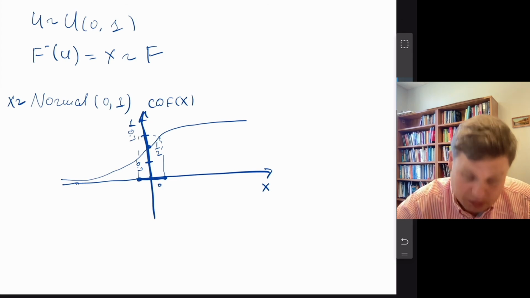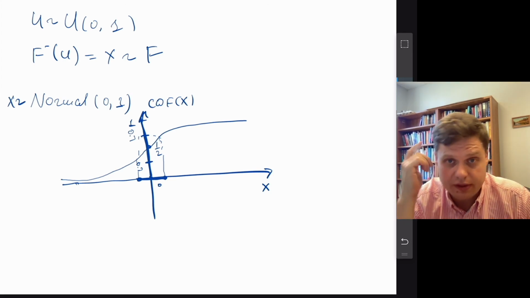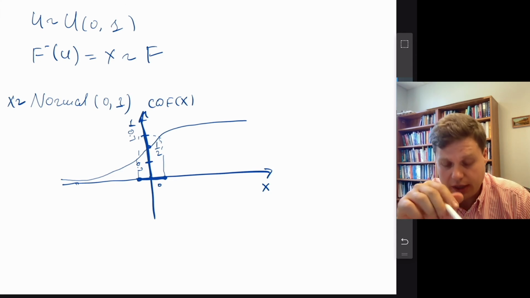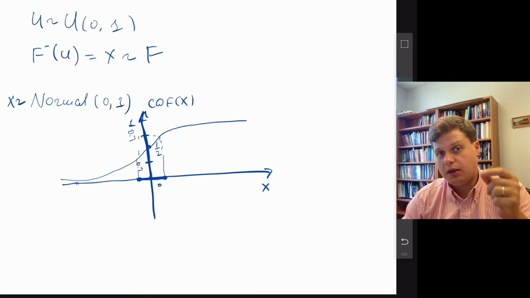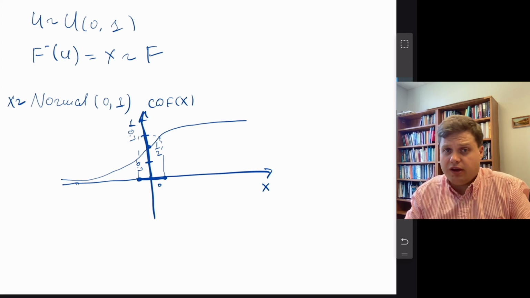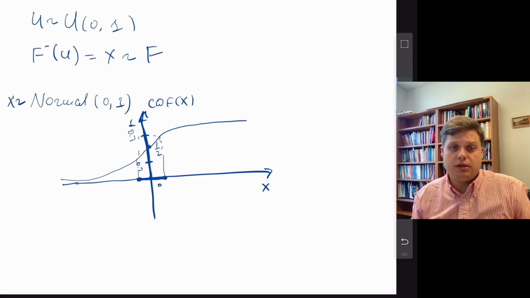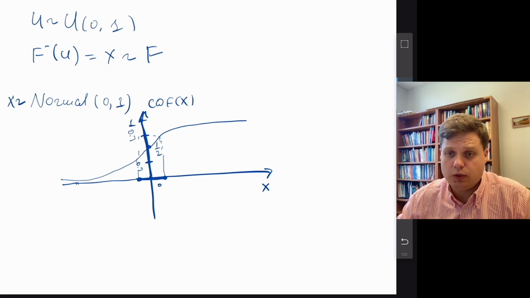So whenever I pick any number between 0.3 and 0.7, I get the corresponding X value, which is going to be around 0. So most of my uniform draws will correspond to values of x at around 0, which makes sense. We have a normal density function, it's centered at 0, and it has a peak there, and that's how we generate those draws.